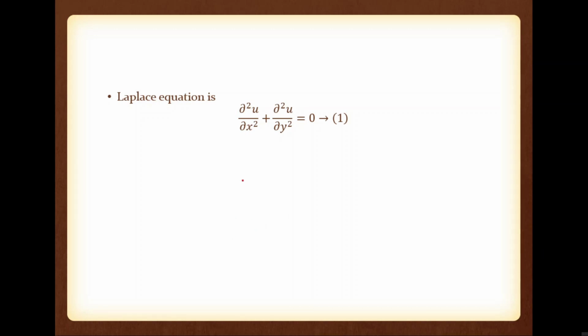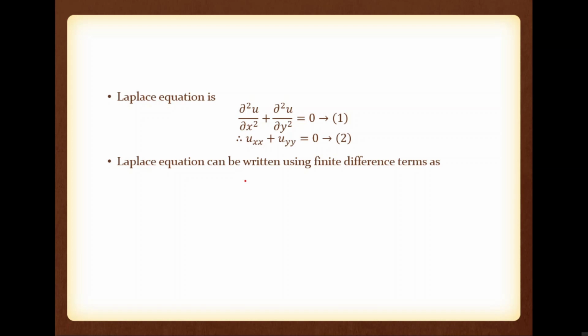So if you are doing that, by replacing in the Laplace equation by using the finite difference terms, then we have the first term, this is u_xx, that is u(i plus 1, j) minus 2 u(i, j) plus u(i minus 1, j) divided by h square.